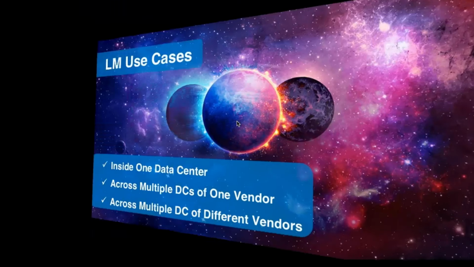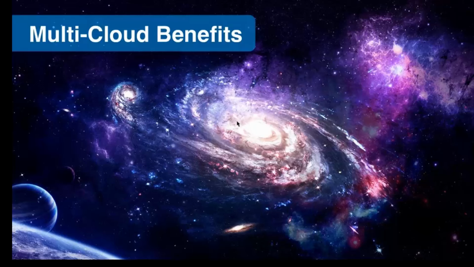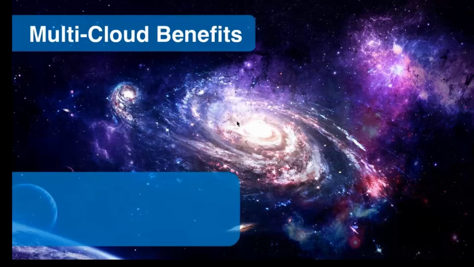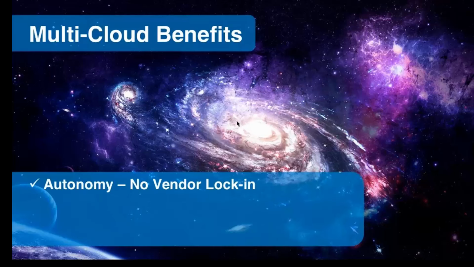So let's talk a little bit more about multi-cloud benefits. Why we believe it's important for end customers today. First of all, autonomy. Autonomy allows you not to be locked to a specific platform, to any of them actually. And as we know, it's a promise of Docker containers.